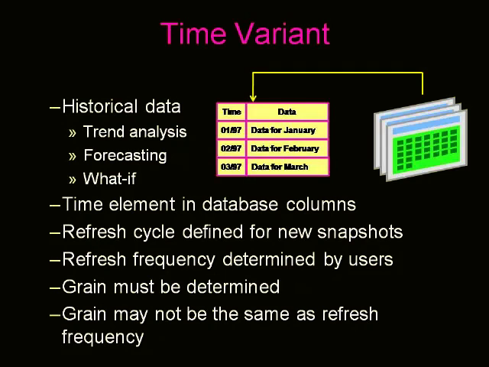Every key structure contains an element of time, either explicitly or implicitly, in a data warehouse. This is a common characteristic of most data warehouse systems. We can create a data warehouse in which we have a structure or an attribute other than time also. But this is not the case in databases.